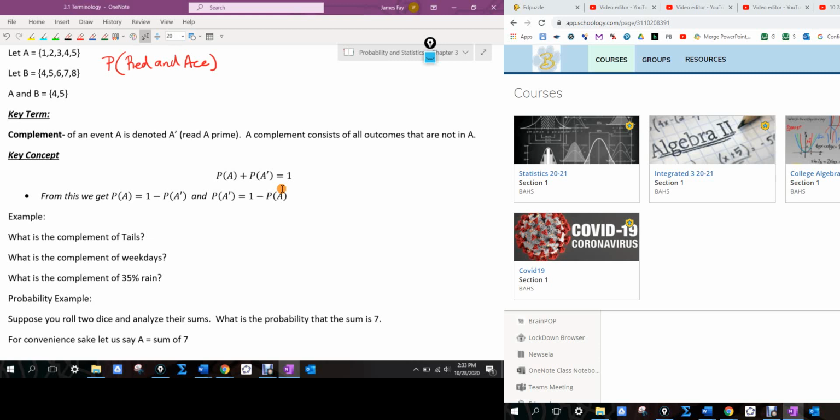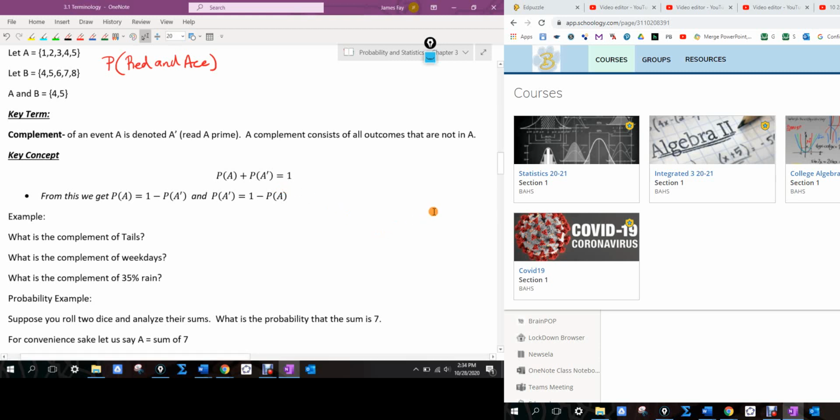That's everything else, right? If I tell you it's 30% going to rain, you know that it's 70% not going to rain, right? You know it's the 100% opposite situation. The complement idea makes calculations sometimes easier to deal with.